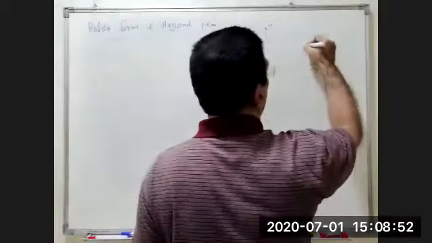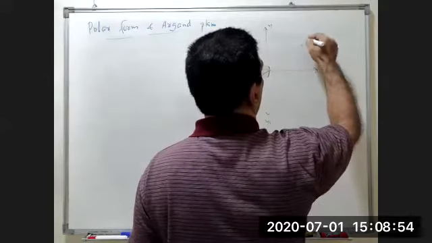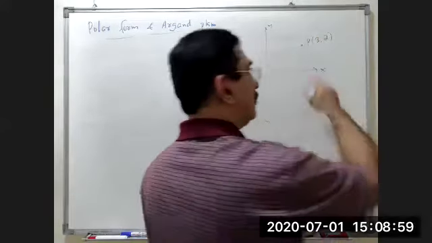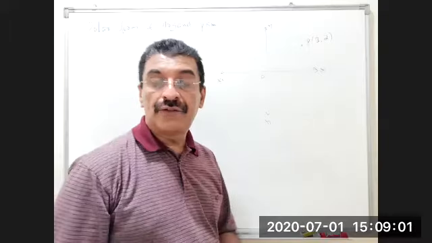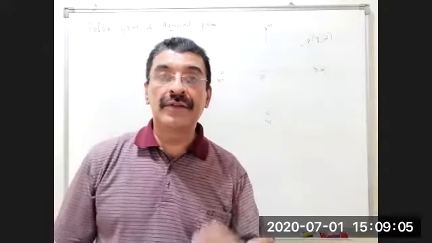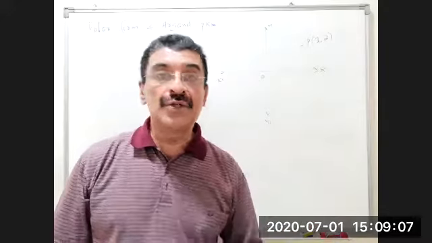And we know that if this point P has coordinates 3, 2, you learned in lower classes that 3 is called the x coordinate, 2 is the y coordinate.